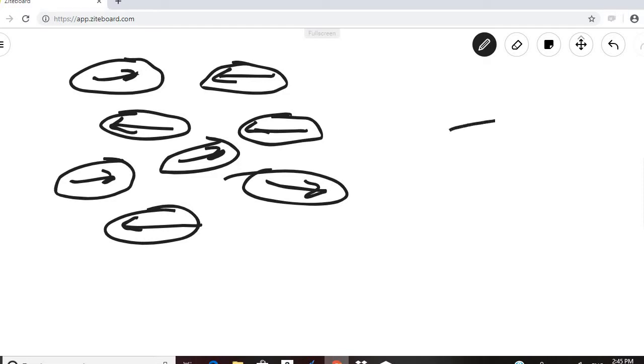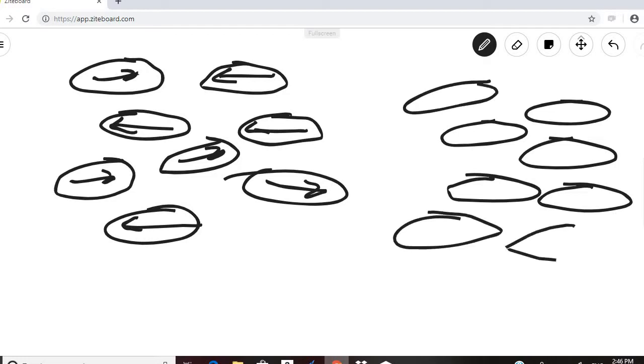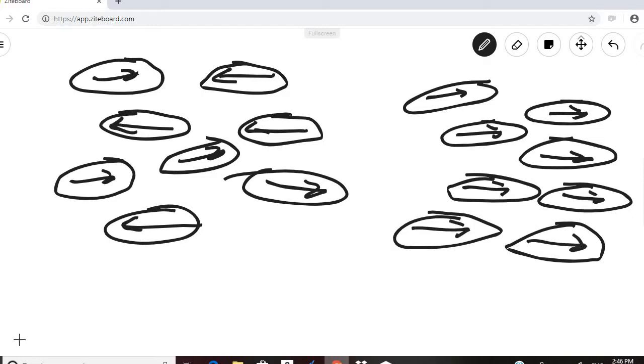But when the substance is placed in a magnetic field, if the domains all align with that field, so if they all align in this way, then they will stay this way for a long time, and sometimes even once the magnetic field is removed.